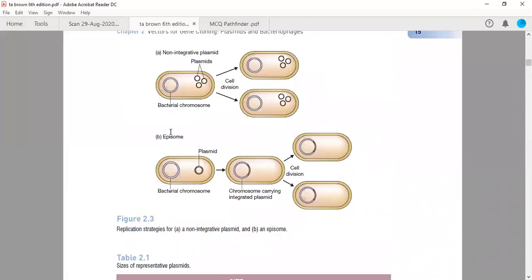If an F plasmid is specially integrated into the bacterial chromosome, then it is referred to as HFR, high frequency recombinant. Why is this known so? I will tell you. We will discuss this in today's class only. This is known as HFR if the F plasmid is integrated.